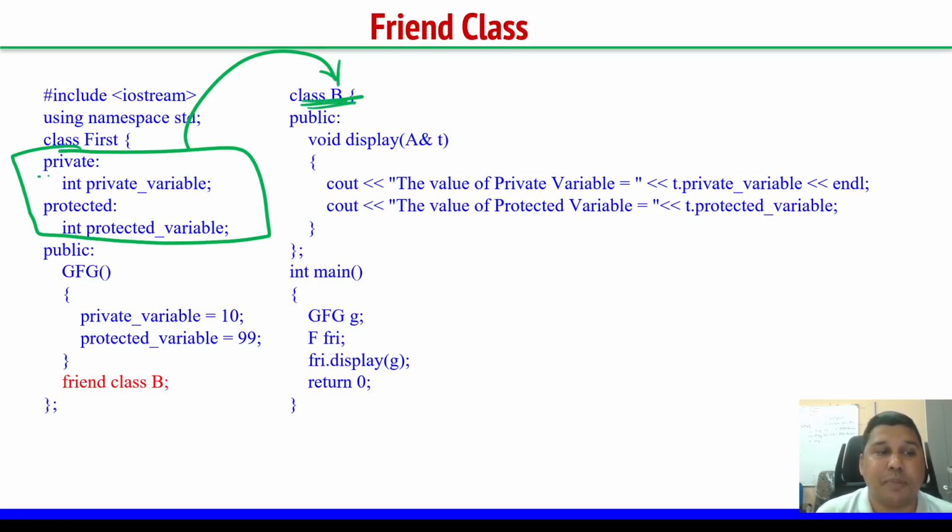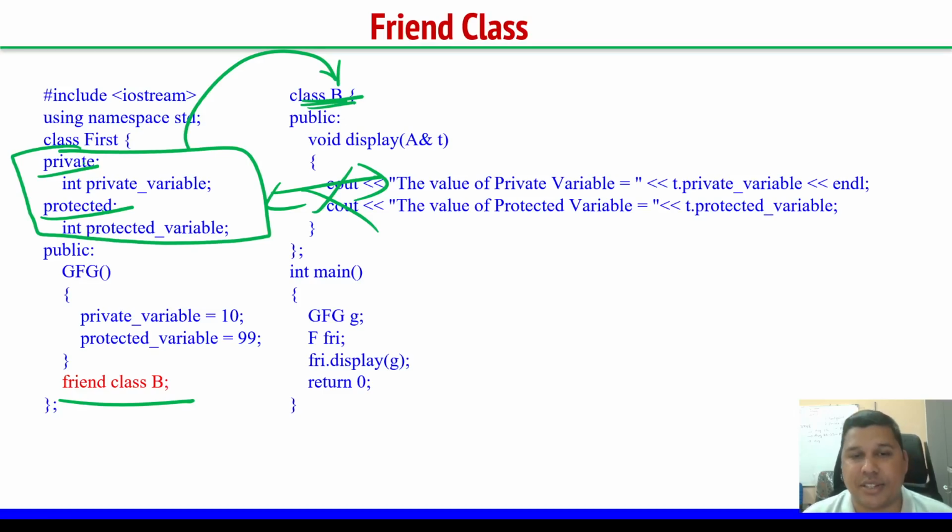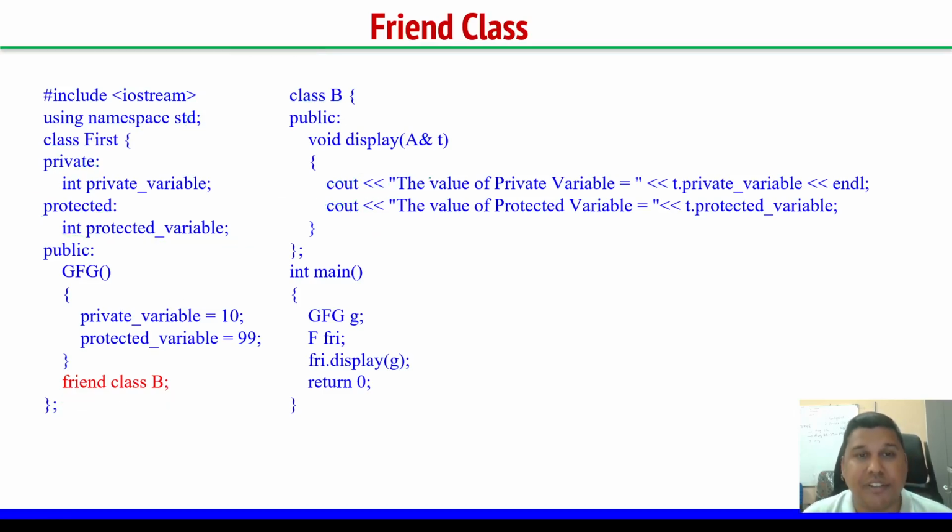Generally, when you write private and protected variables, they cannot be used. Private cannot be used anywhere, that is fixed. Protected can be used in a derived class, but this is not a parent-child relationship. It's a friend relationship, friendship between two different classes. Okay, that's the significance of friend class. Let's go and understand more about the theoretical concepts of friend class.